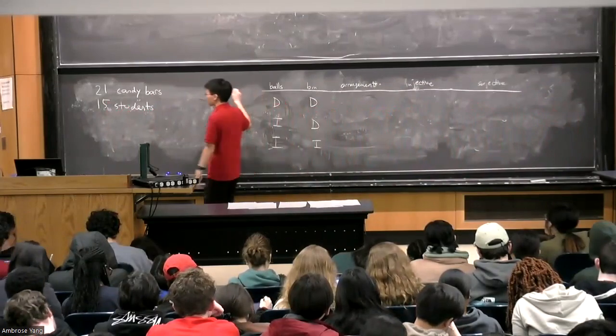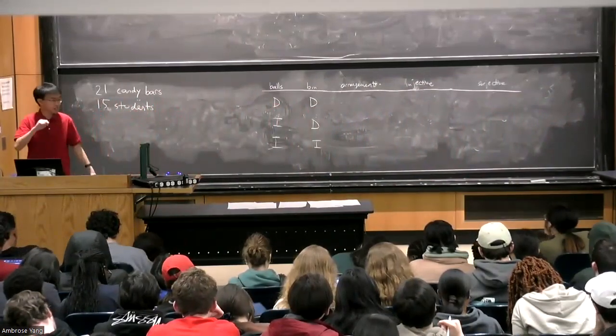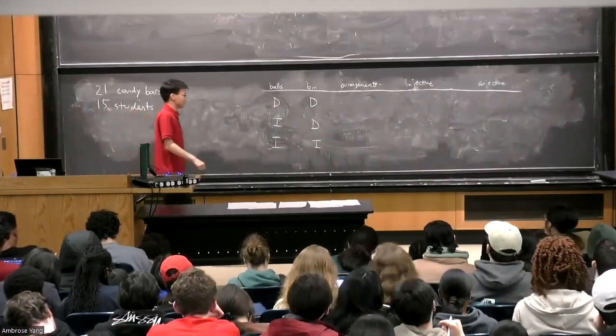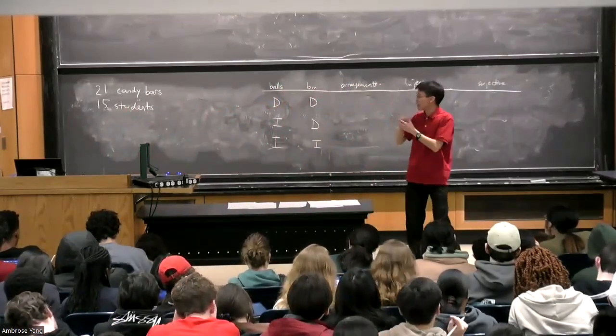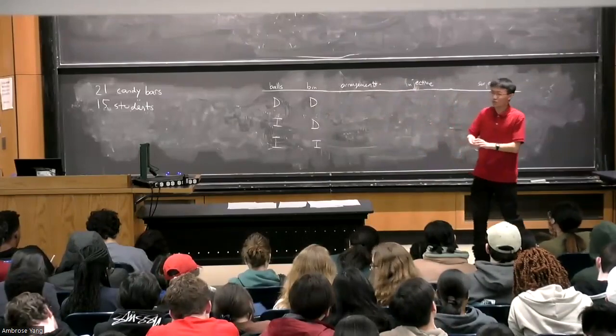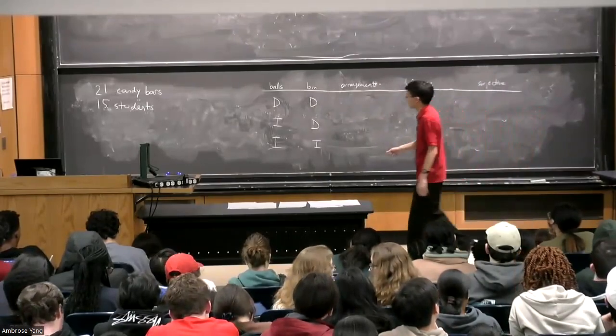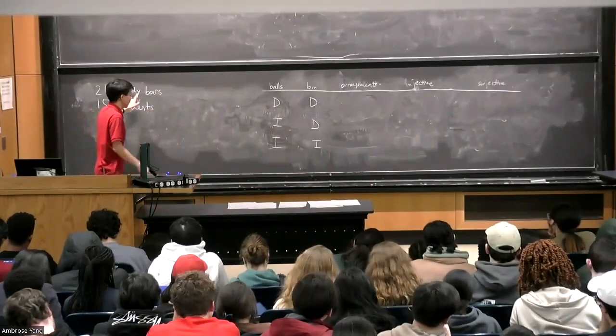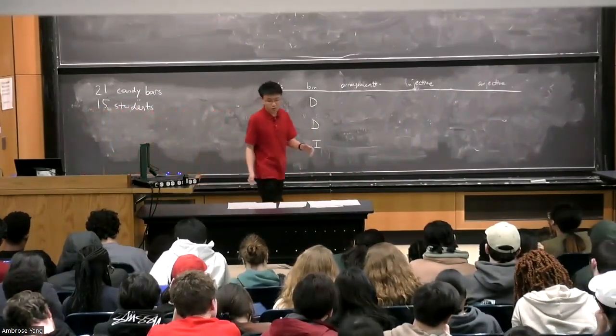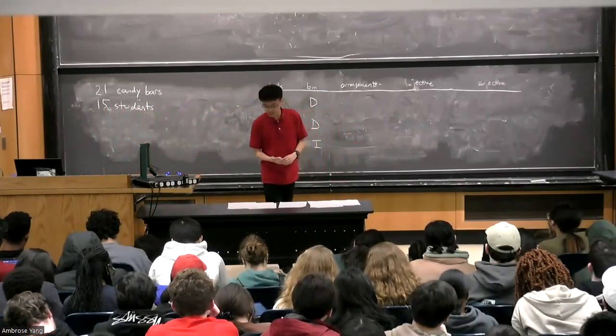So suppose you're the kindergarten teacher, and the teacher can tell the difference between the students, hopefully, and the 21 candy bars are all different. So there are different kinds of candies, and we want to figure out how many ways you can give the candy bars to the students.